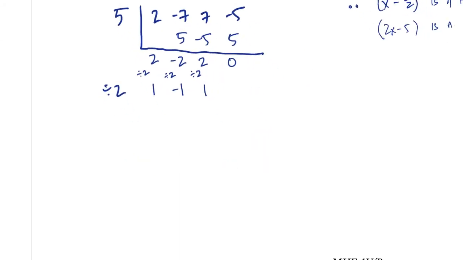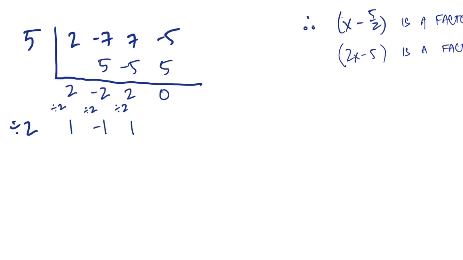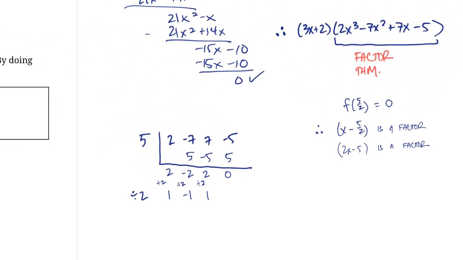Okay? So the factored out version here, remember, we started off with this up here. And what we get after the division is x squared minus x plus 1, right? That's what this synthetic division means at the end, when we divided it by, what was it, 2x minus 5.